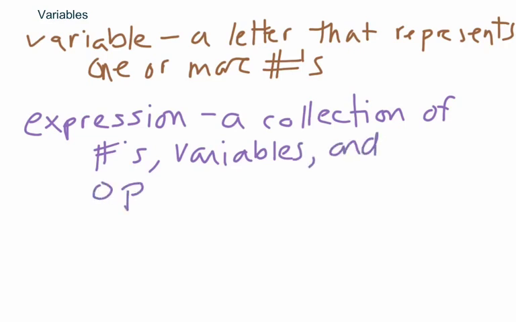And remember from our last lesson, an operator at this point is adding, subtracting, multiplying, and dividing. So that's what we have for operations. So I'm going to go through some examples of algebraic expressions and then what they mean when we look at them. And then we'll talk about what it means to evaluate an expression.